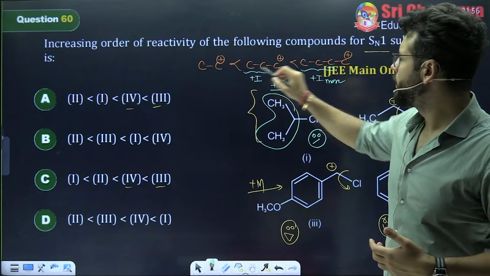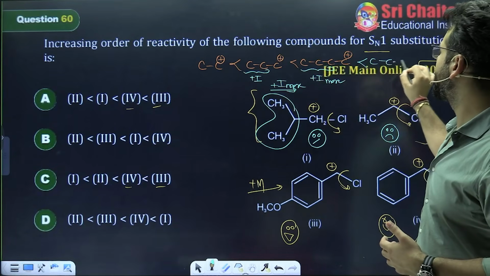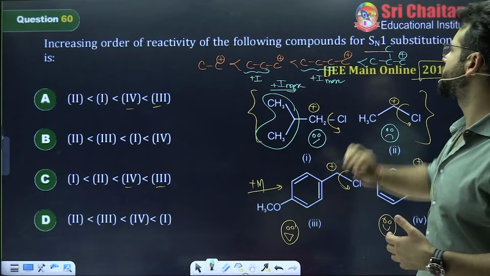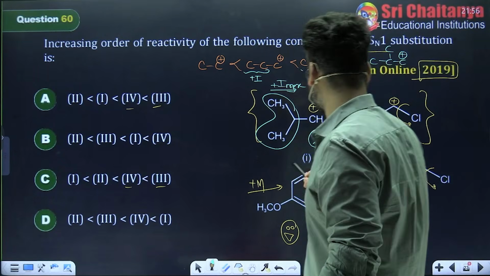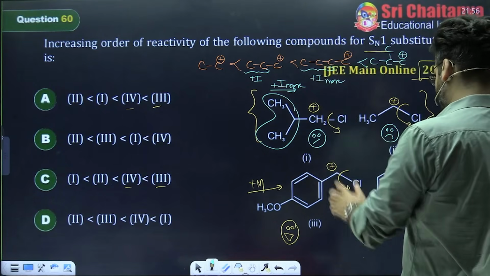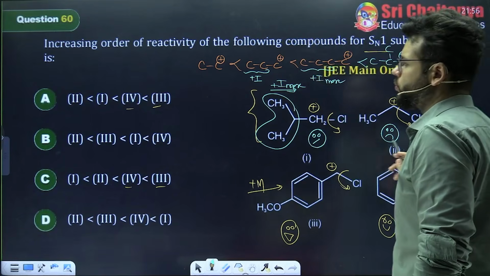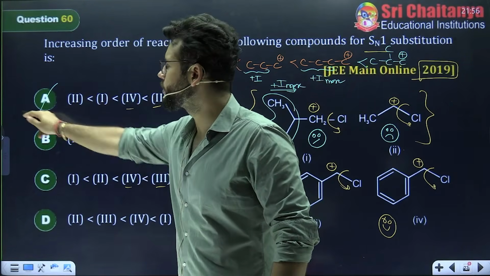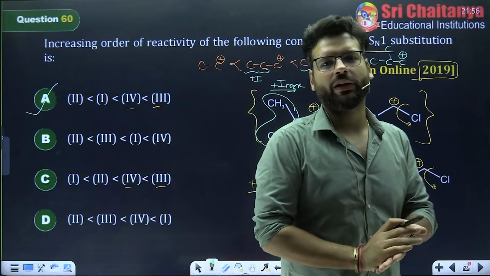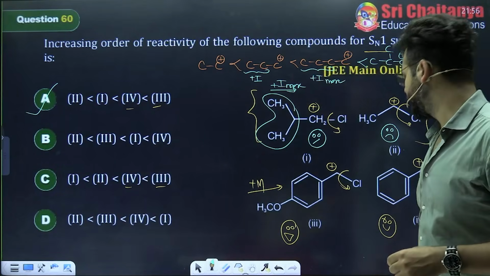So remember it, N-butyl, then isobutyl. So here the option should be 1 better than 2, which is option A. A little bit of a tricky one.